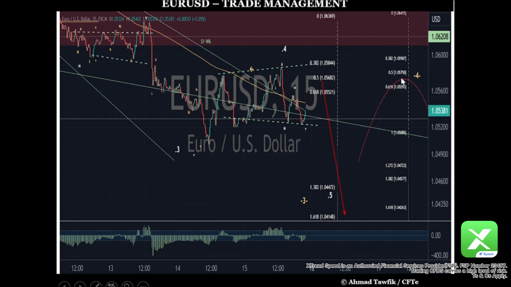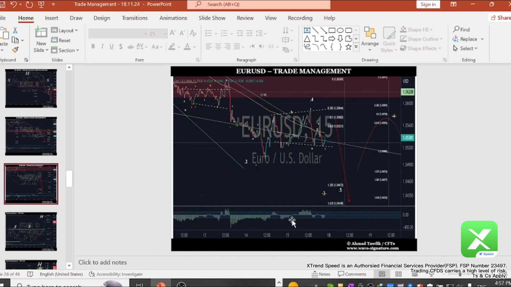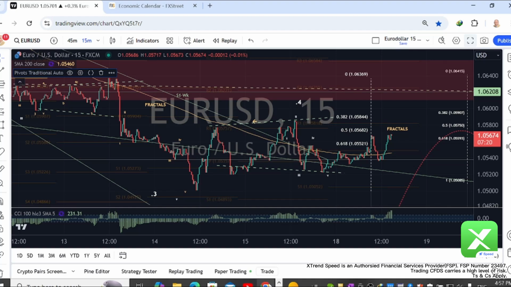Just select 4. 1.057 is a sell. 1.059 is a sell. 1.06 is a sell. Take it to the end of the week, to the next leg down, especially given the difference between purchasing manager indexes in Europe and in the United States. If we see any positive momentum inside of this broadening formation, it's a sell.